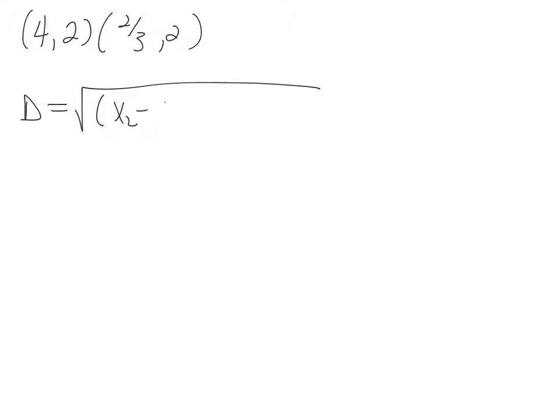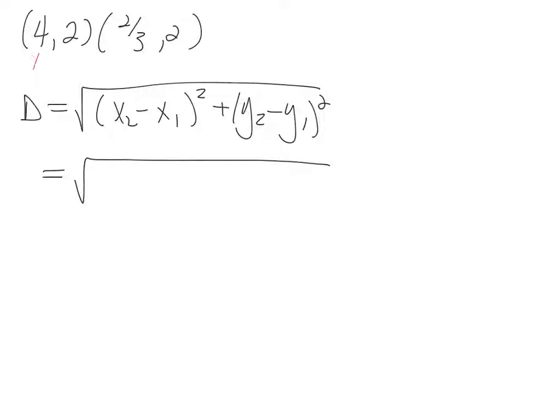So the distance between 4, 2 and 2/3, 2. If you remember, the distance is equal to the square root of x2 minus x1 squared plus y2 minus y1 squared. I know we used letters earlier.